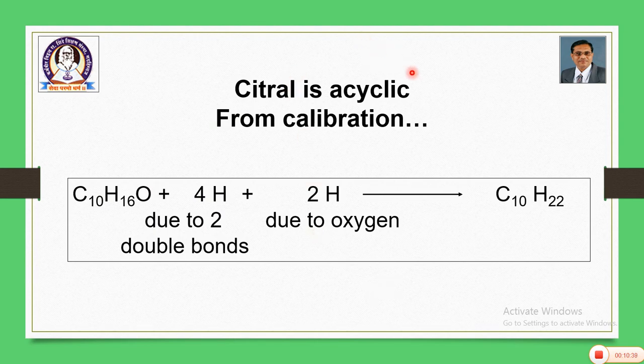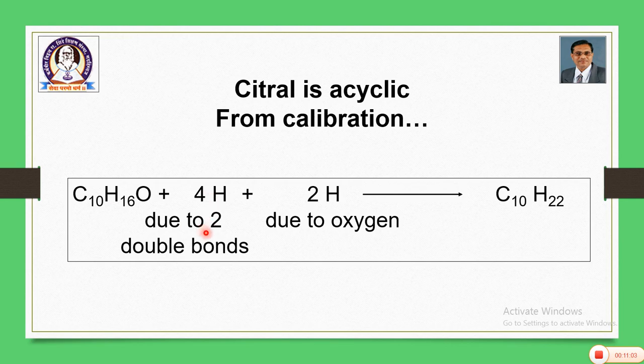So, from these analytical evidences, that is presence of two double bonds, then it has oxygen, and that oxygen is considered for calibration purpose. So, what is calibration? Calibration is to get a molecular formula considering the observations. So, initially you have C10H16O, that is the molecular formula.